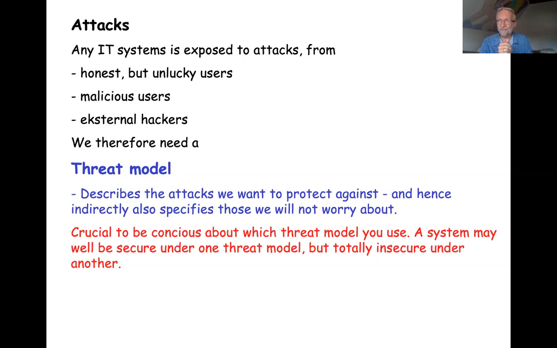So the point here is that when I asked you the question in the first place, is this a secure approach, I was cheating a little bit because I didn't say what the threat model was. And the question, is this secure, really only makes sense if you have first thought about what the threat model is, what the relevant attacks are. And when you by reflex thought that's not going to be secure, you were probably imagining a threat model in which somebody could walk into the office and look at the piece of paper on the desk.